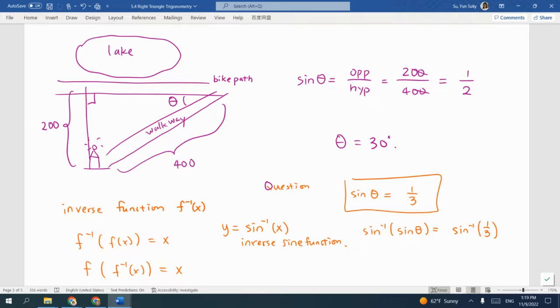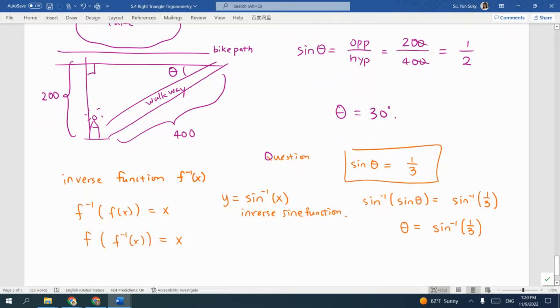Because of inverse functions, inverse sine and sine cancel, and you get the theta back. So theta is inverse sine of 1/3.